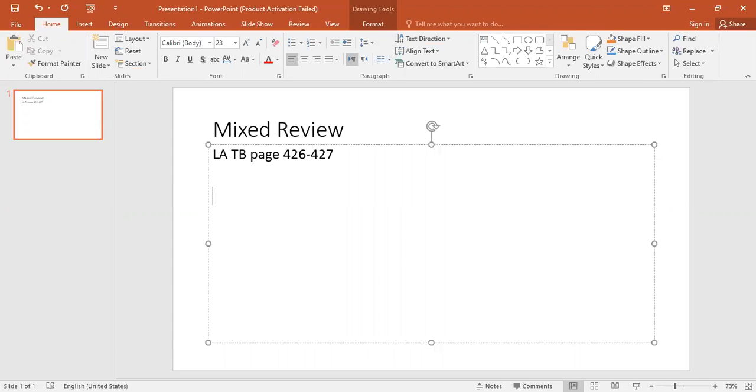Amgad, can you continue reading? A negative is a word that means no or not. Use only one negative in a sentence.